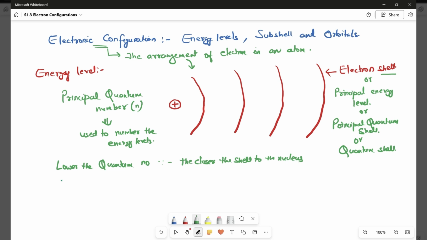And if the quantum number is higher, it means the shell is far from the nucleus, and the greater the energy of an electron within that shell. So they are far from the nucleus.